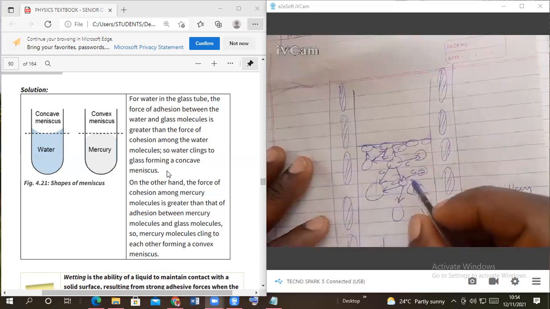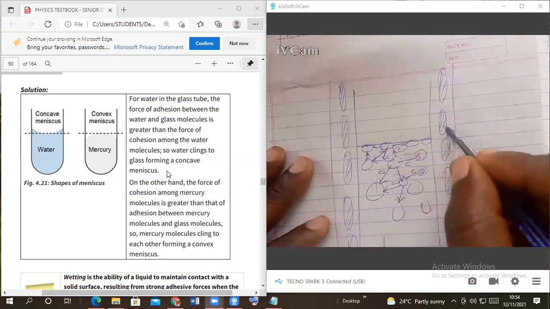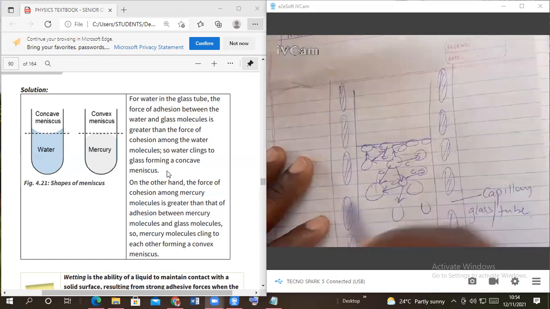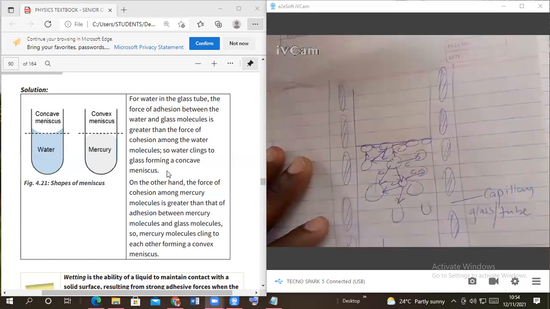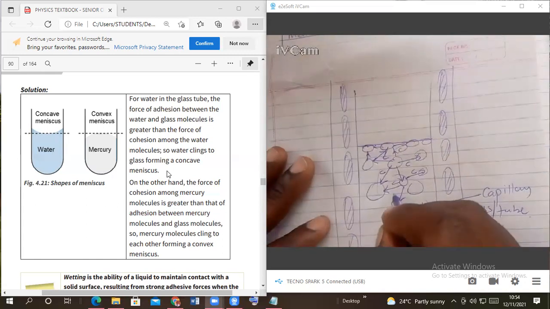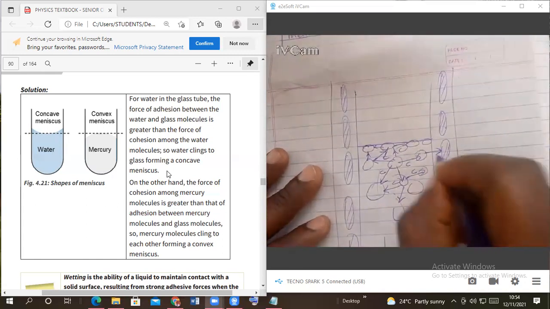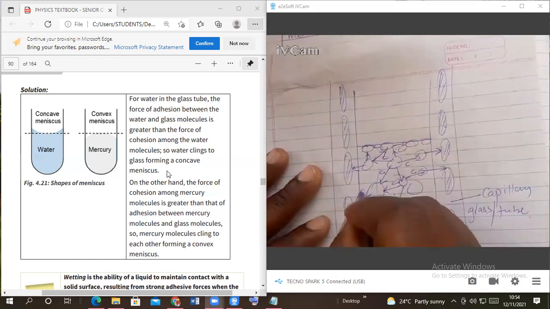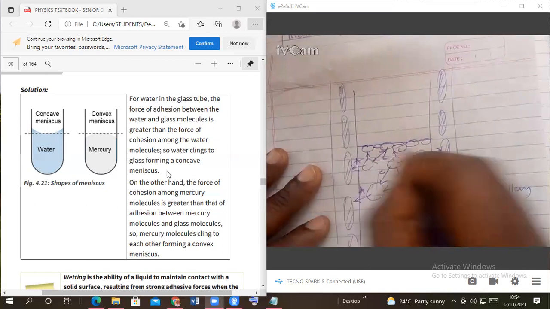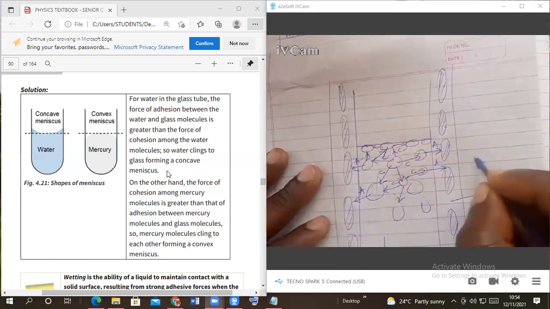The other force that is between the water molecules and the glass molecules is what we call the adhesion force. Because the adhesion force is greater than the cohesion force, these are the adhesion forces between molecules of glass and the molecules of water.